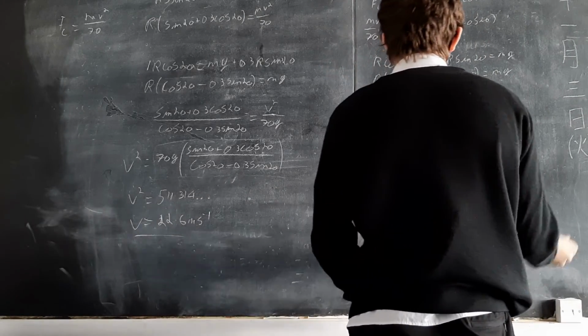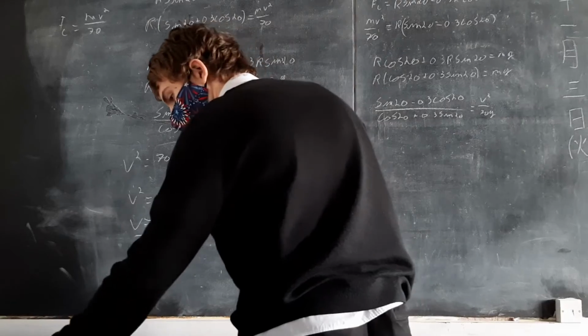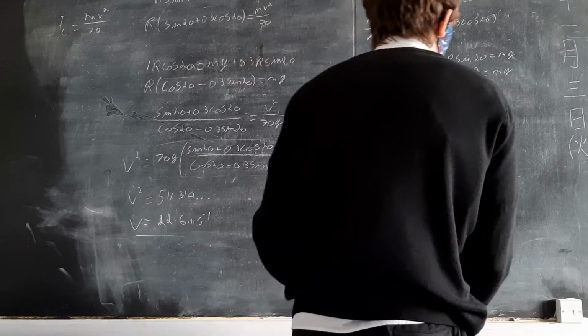Move the 70g up, we get v squared equaling a long number.